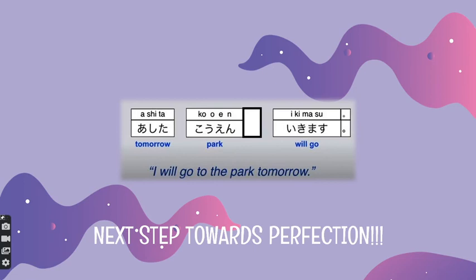Okay, tomorrow I will go to the park. Tomorrow I will go to the park, or I will go to the park tomorrow, one and the same. So if you want to say this in Japanese, how would you say this? Tomorrow is ashita. Park is koen. And to go, as I said, is ikimasu.